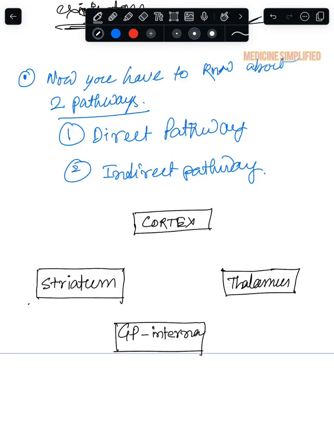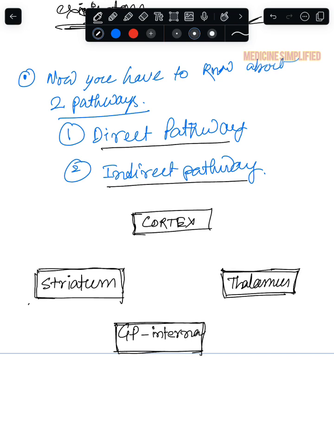Now you have to know about the 2 pathways. One is direct pathway and number 2 is indirect pathway. To understand the pathway, first we have to know the circuit. The circuit consists of cortex, striatum, globus pallidus interna, and thalamus.